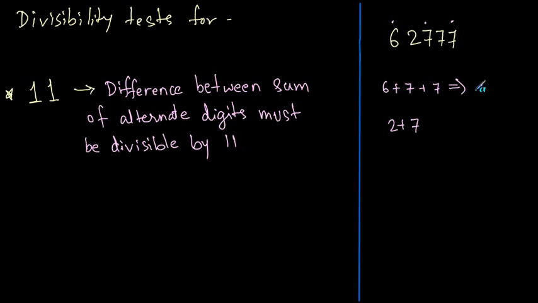So 6 plus 7 plus 7 is 20, and 2 plus 7 is 9. And it says that the difference between sum of alternate digits. So we have summed up alternate digits, we have to calculate the difference. So the difference is 20 minus 9 is 11, and if this is divisible by 11, then the number is divisible by 11, otherwise it's not divisible by 11.